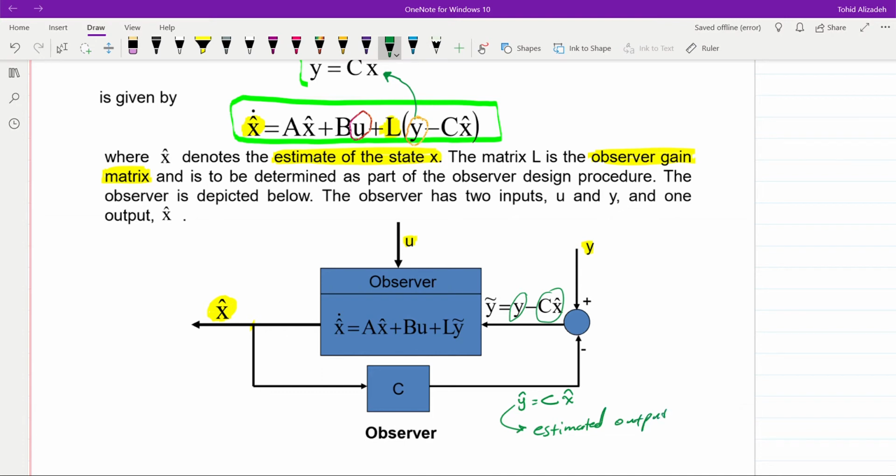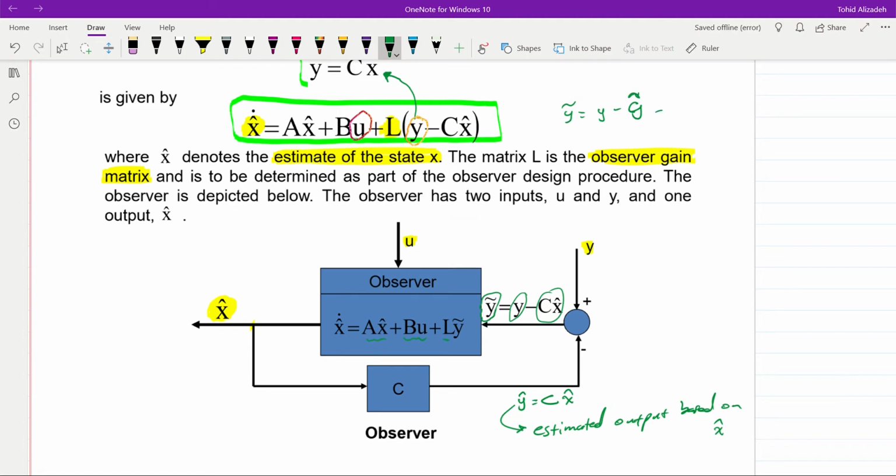And then here we have the error signal between the actual output and the estimated output, y tilde, which is used here. So x hat dot is equal to A times x hat plus B times u plus L times y tilde, which is equal to y minus y hat, or equal to Cx minus C x hat.